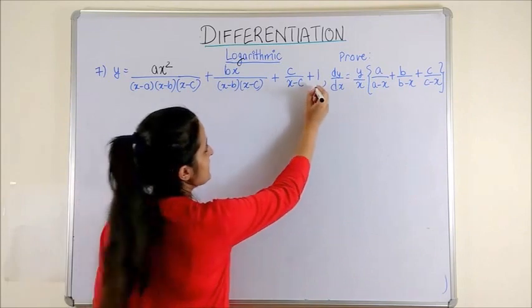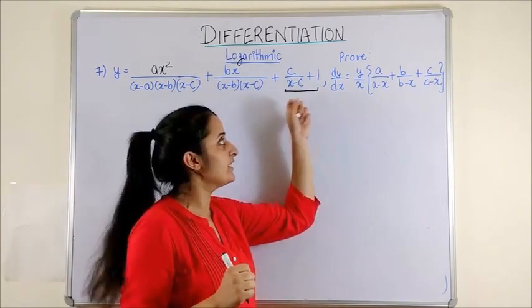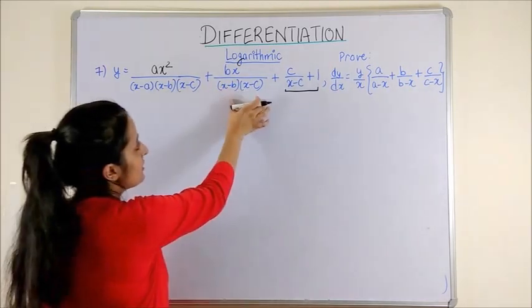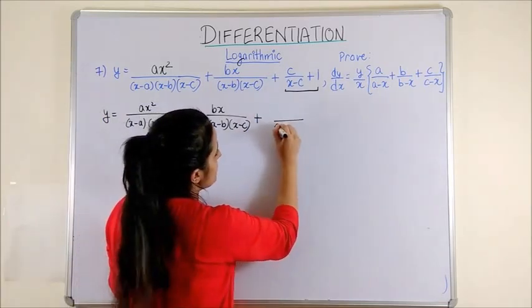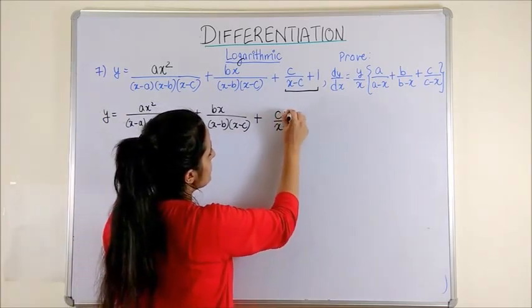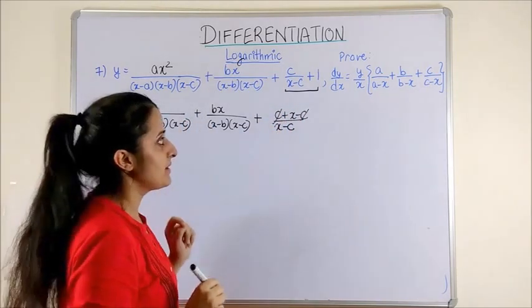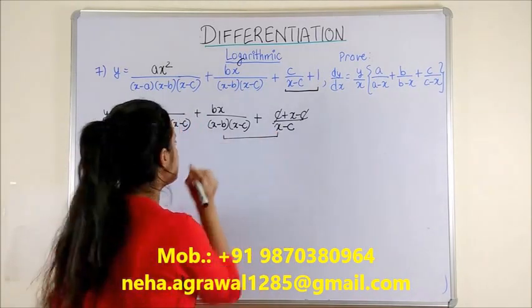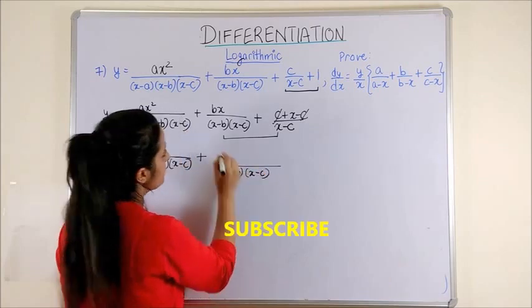We do take the LCM, but just taking 2 terms at a time, beginning with your right side. So that means the initial 2 terms would be copied as it is, and taking the LCM as x minus c, you get c plus x minus c. That only gives you x upon x minus c. Repeating the process with these two terms, we take the LCM as x minus b into x minus c.